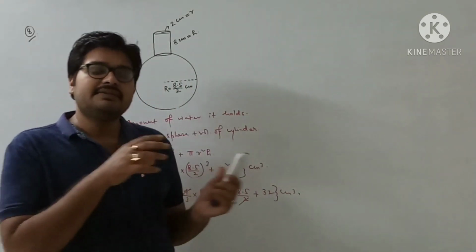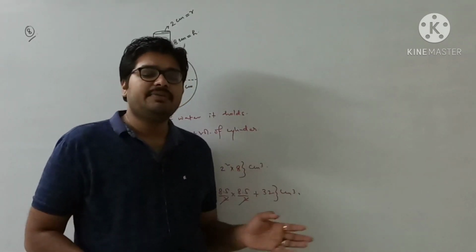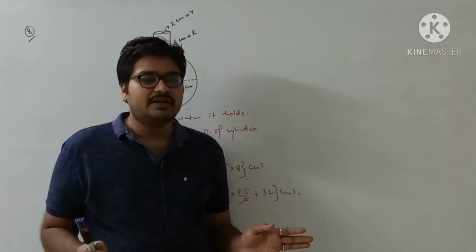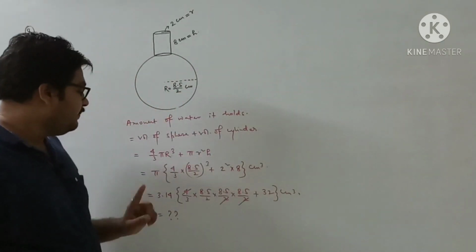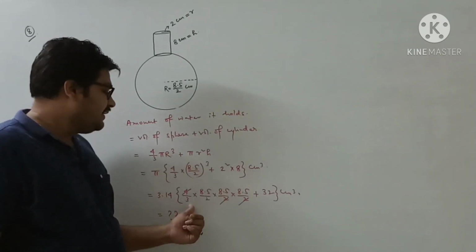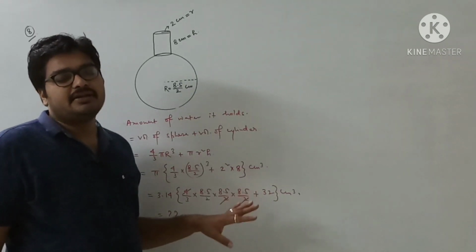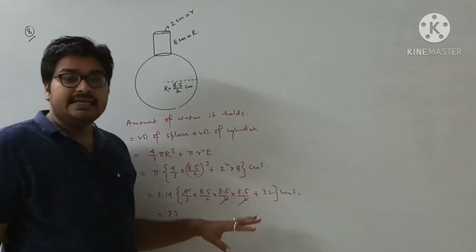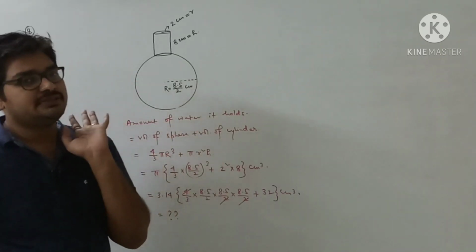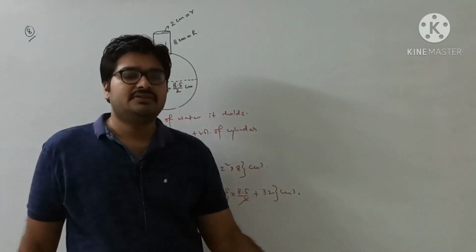Because the child has given the answer 345 centimeter cube. If your answer is coming slightly more than 345 also, no approximation should be done by you. Why is it so? Because it's already given 3.14 and here 3. Suppose the complete cancellation is not possible. In that case, you find out the answer approximately to 2 decimal places, and then check the child's answer.